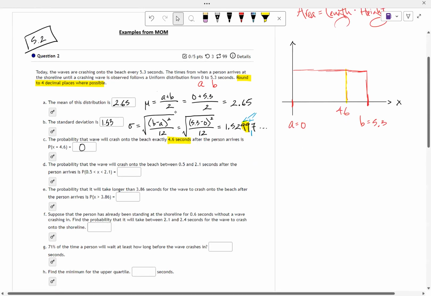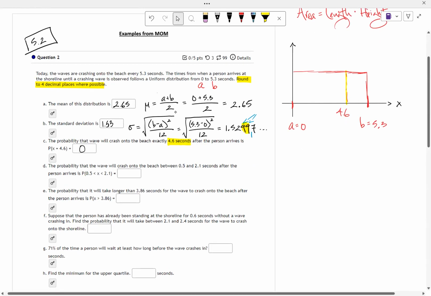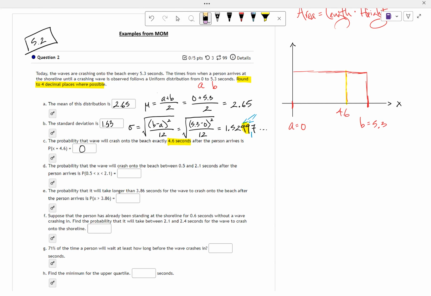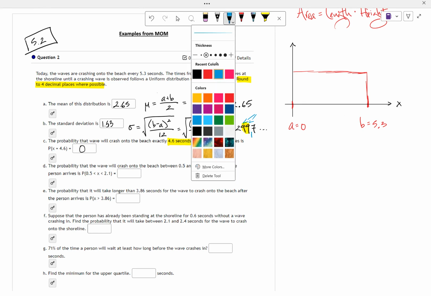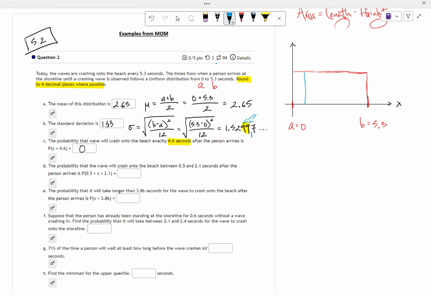All right, let's take a look at part D. The probability that the wave will crash onto the beach between 0.5 and 2.1 seconds after the person arrives. Let me get rid of this part of our diagram and put that x-axis back in. Where would we draw the lines for 0.5 to 2.1? We would draw one here for 0.5, and 2.1 is maybe about here.